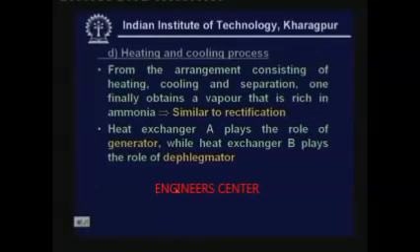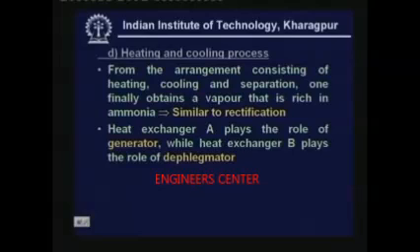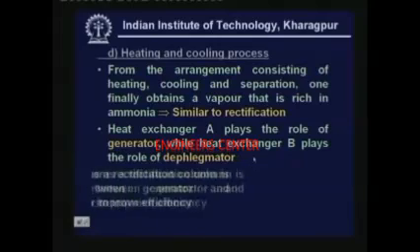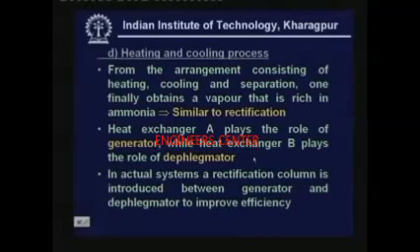So, as I said, from the arrangement consisting of heating, cooling and separation, one finally obtains vapor that is rich in ammonia. So, this process is similar to rectification. In this case heat exchanger A plays the role of generator, while heat exchanger B plays the role of a component called dephlegmator. However, in actual systems just a generator and dephlegmator are not sufficient.